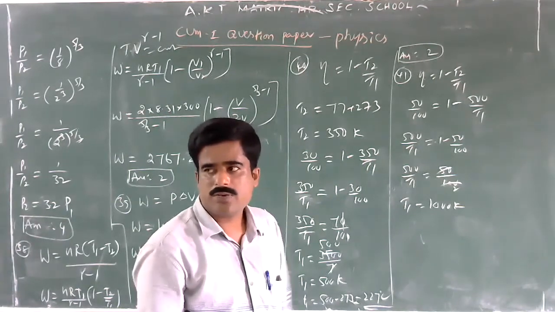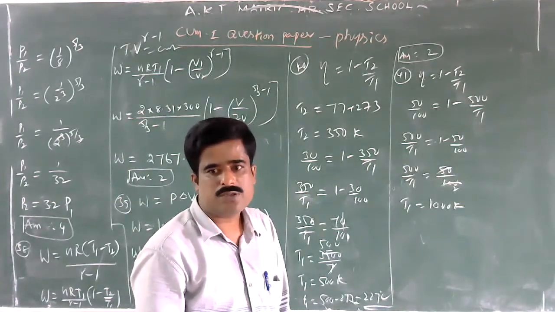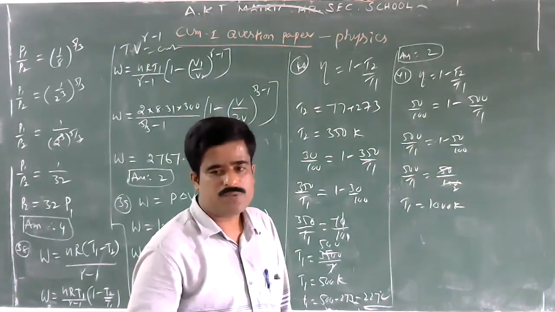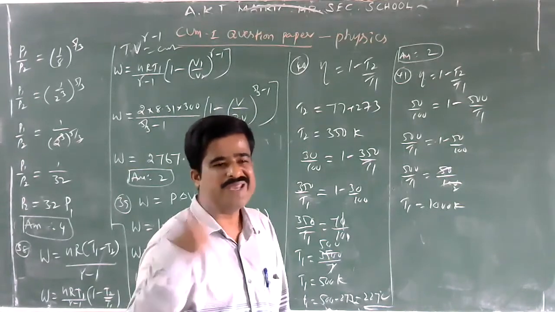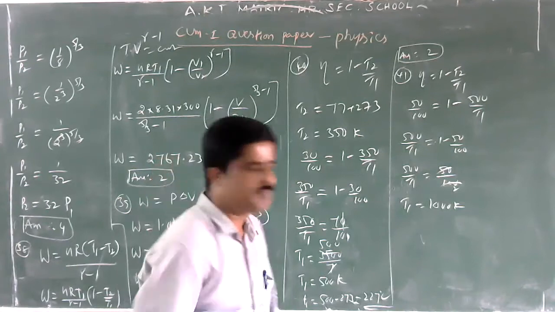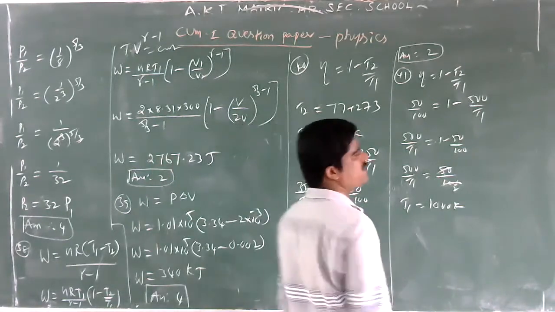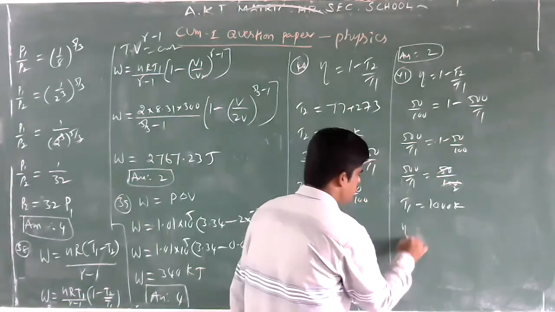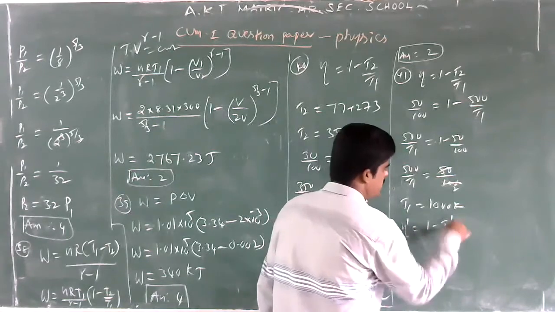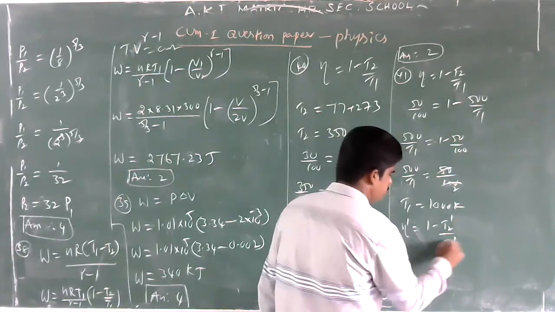Here, the temperature of the source remains constant, but we want to increase the efficiency up to 60%. Then what is the temperature of the sink? In the second case, eta dash is equal to 1 minus T2 dash by T1 dash.